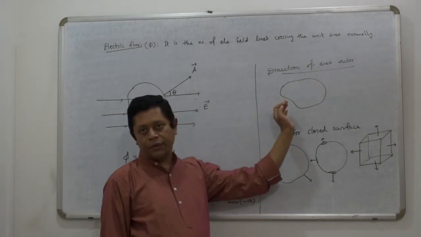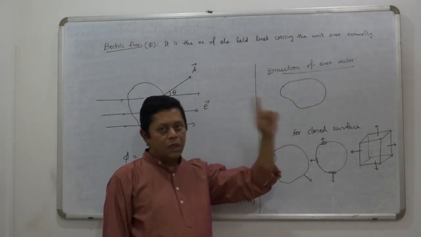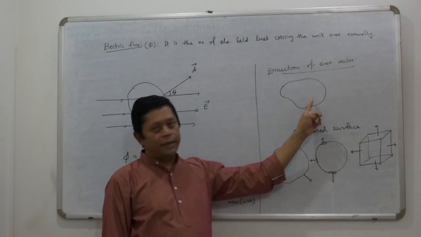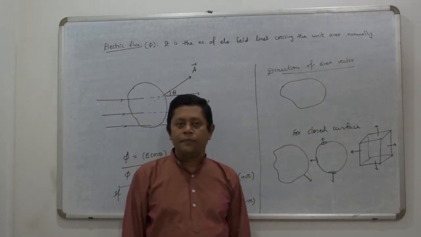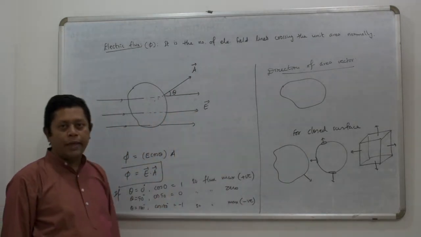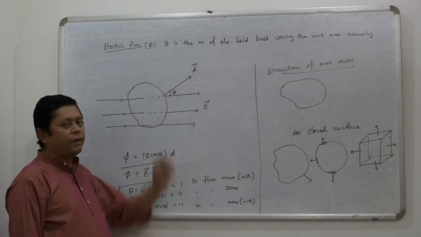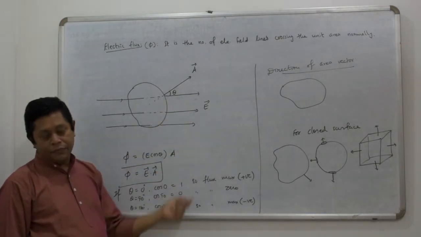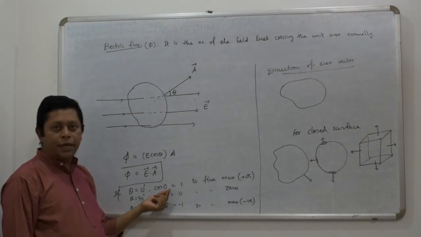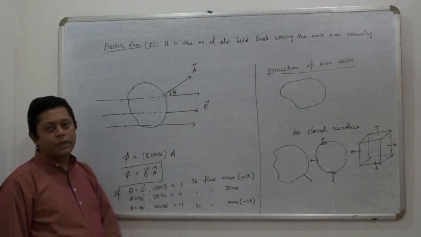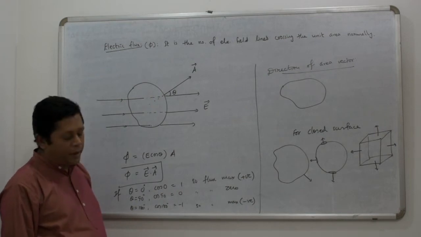For a single surface, it can be outward or inward, but throughout the problem you have to consider the same direction. If you decide the direction of the area vector this way and compare it with the direction of the electric field, you can see whether the angle is less than 90 degrees or greater than 90 degrees. Accordingly, the value of flux can be positive or negative.